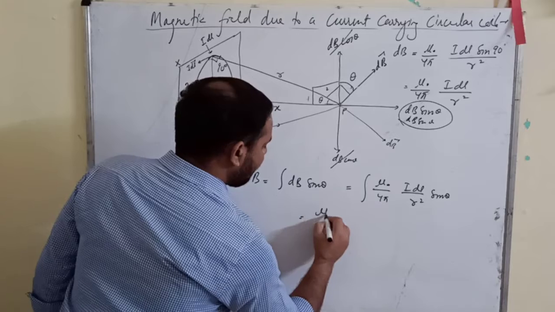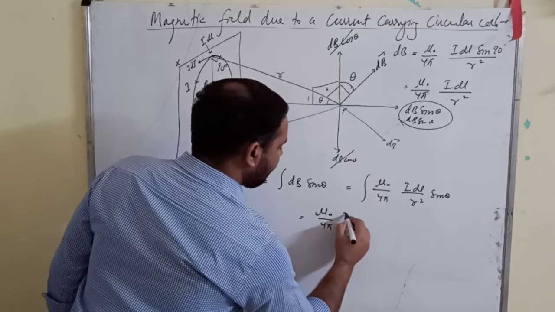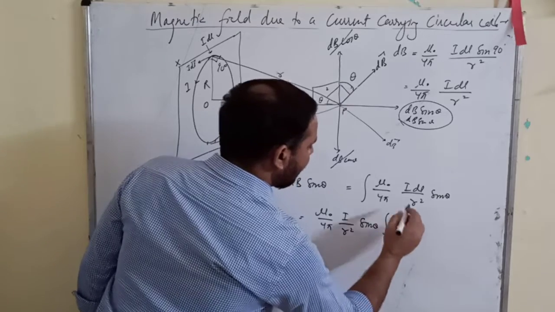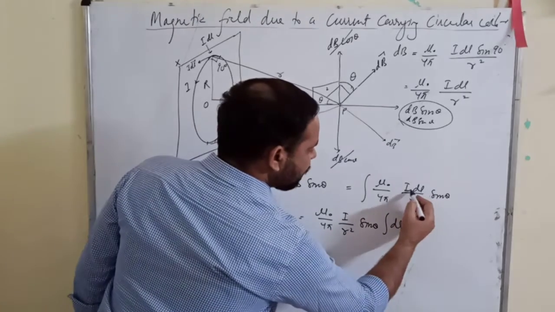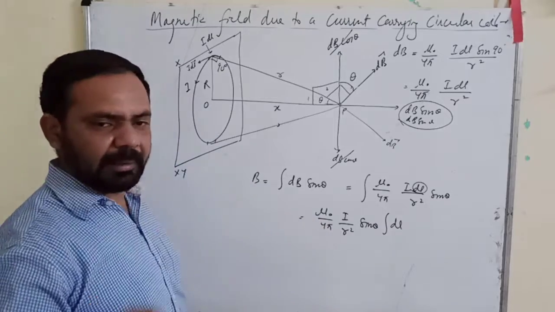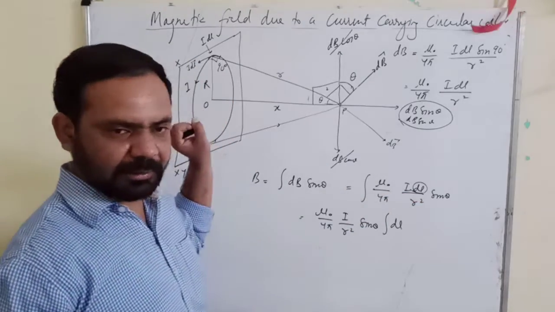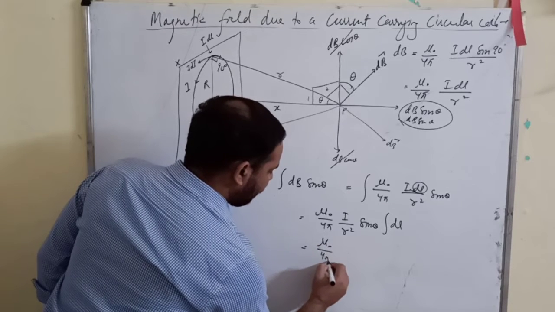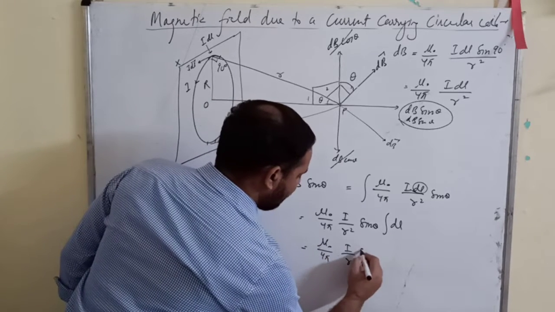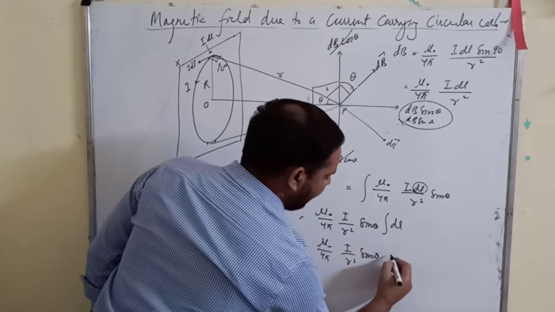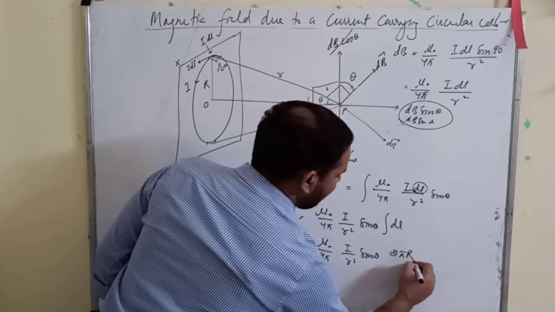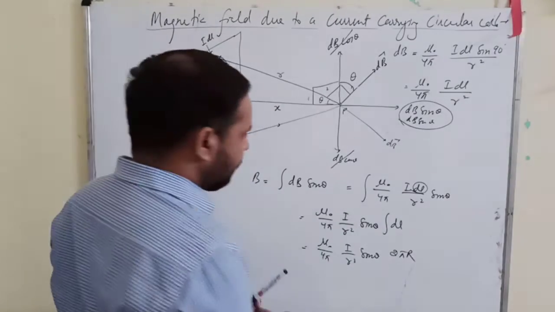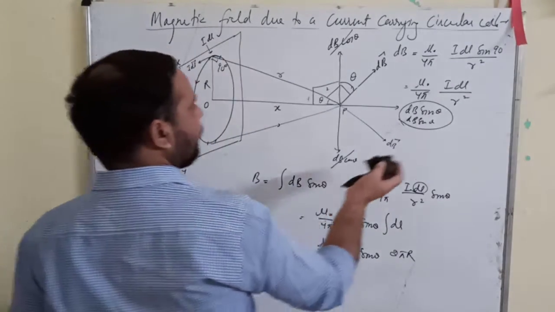Now this can be written as mu naught upon 4 pi I upon r square sin theta dl. The d is attached with l, so this is the only variable, others are all constants. Now the integration of dl will be 2 pi r. Now we will simplify this and remove this sin theta value here.